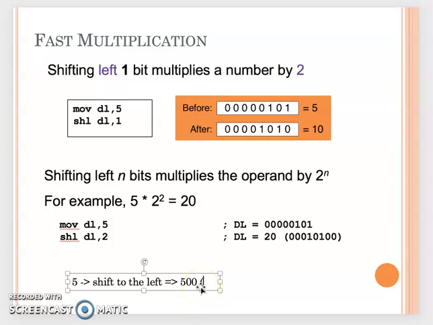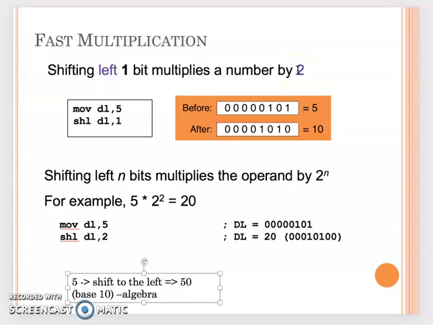That's because we are in base 10 algebra. In our real life, our base is 10. So that's why shifting to the left for 1 digit makes you 10 times bigger. But in assembly language or the computer world, our base is what?